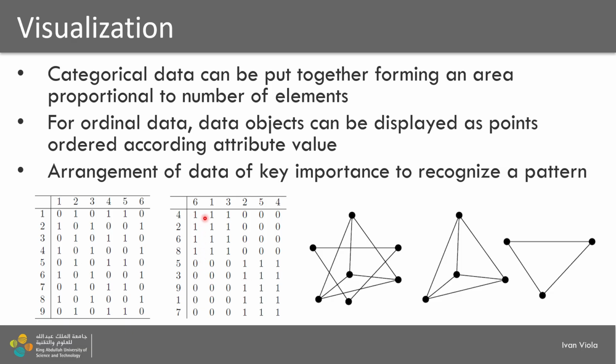Either they have 1, 1, 1 for attributes 6, 1, and 3, and then the rest of the attributes are 0, or the other way around. And now from this rearrangement, this becomes very clear. However, an equivalent data representation in a tabular form might not make this information clearly stand out.